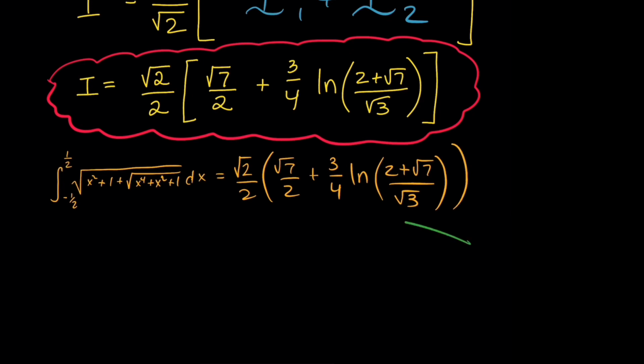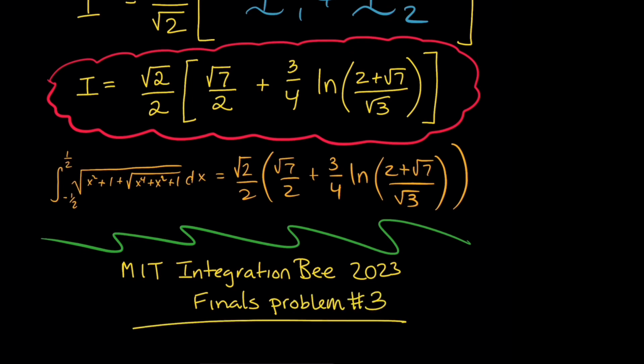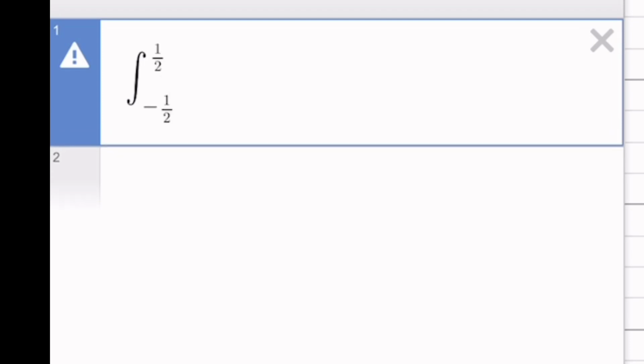And of course, we should check our solution in Desmos to be absolutely sure that we did everything right. Alright, first we'll enter in our integral from the MIT Integration Bee here.